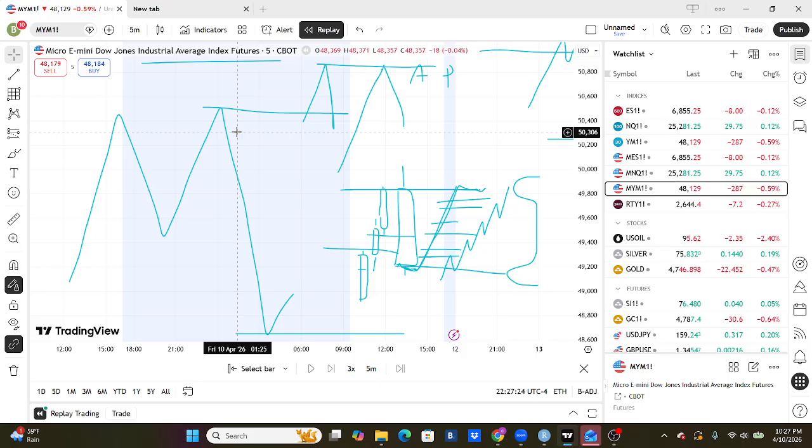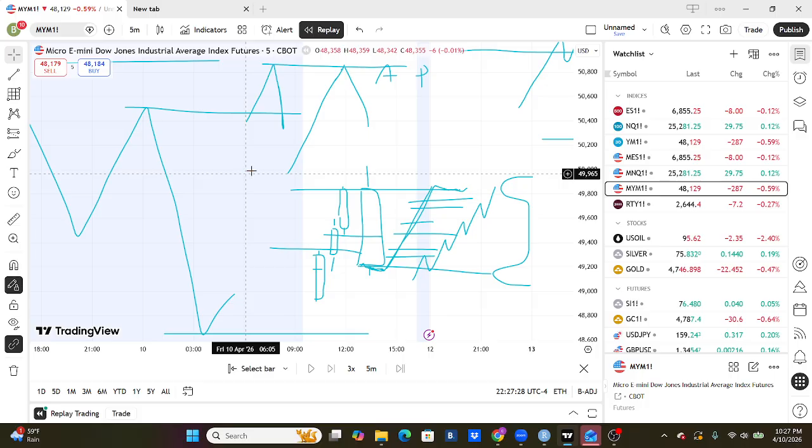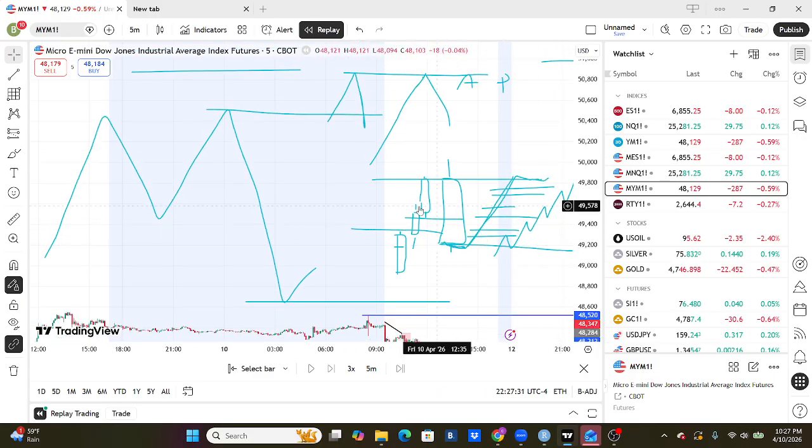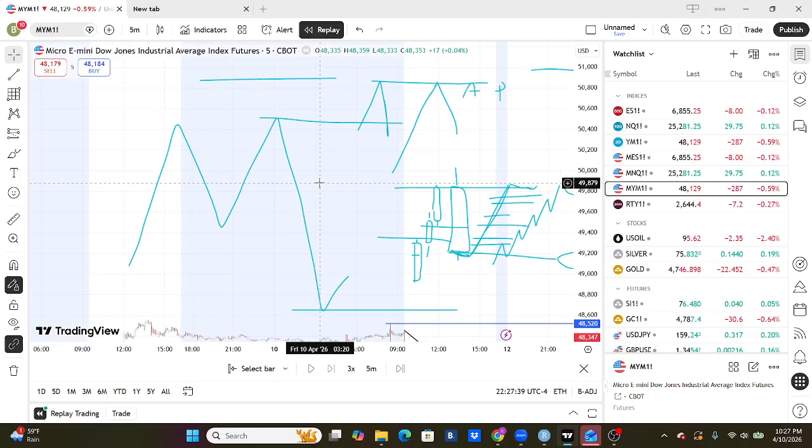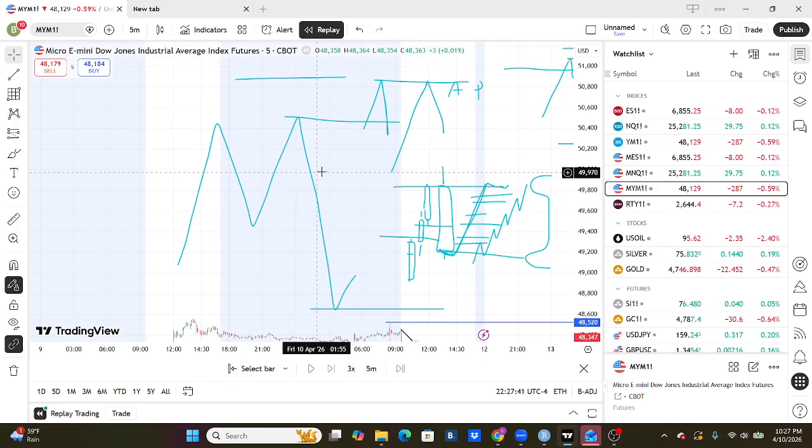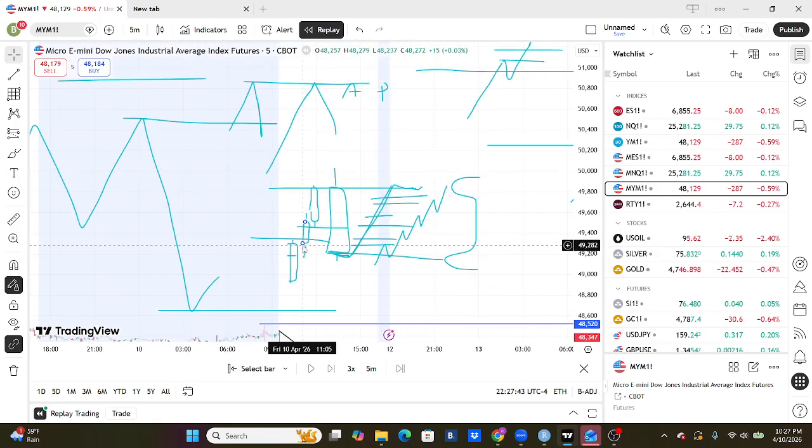You can hate all you want on ICT concepts, but it's just price action. You just call a fair value gap ICT, but it's just price action. It's important and it tells a better story. Like, what's happening here?